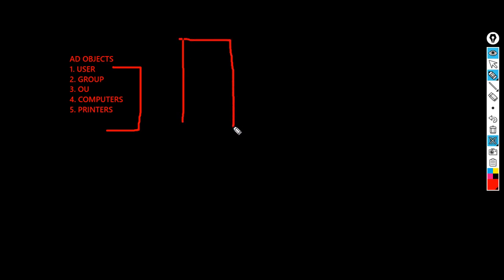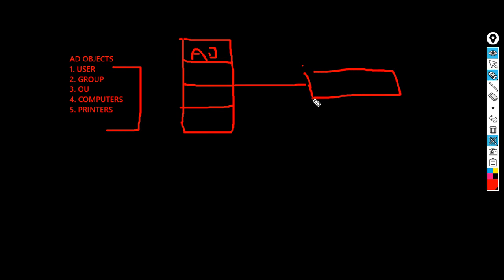Here I am creating a domain and client topology. Here I am talking about Active Directory. Here I have installed Active Directory and DNS, and this is our network. Suppose these are all our client machines.